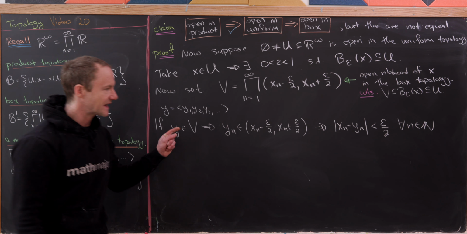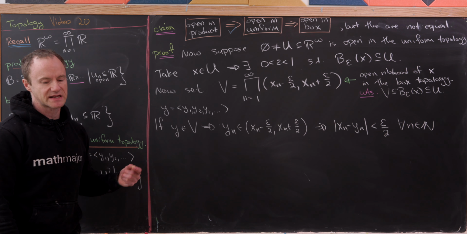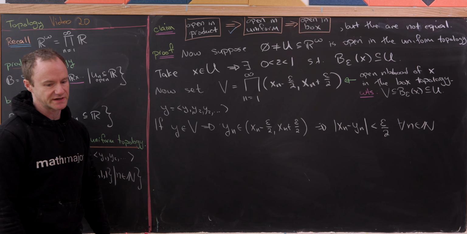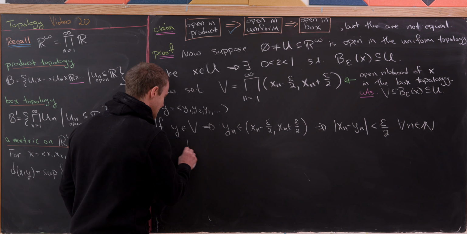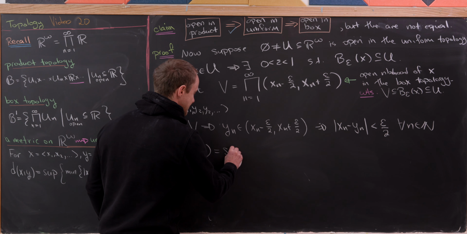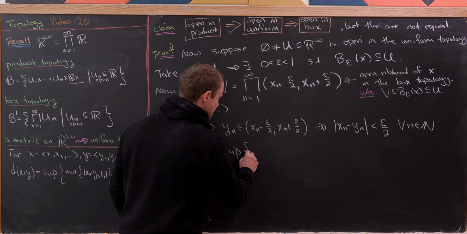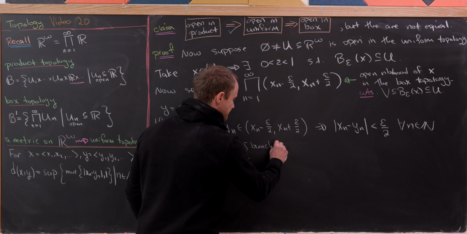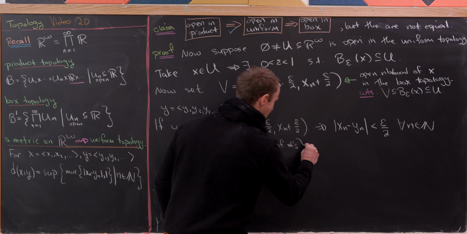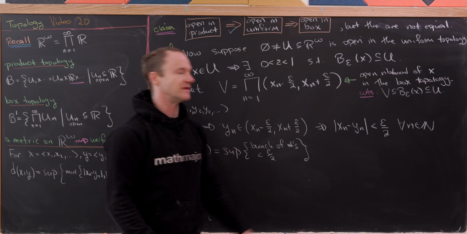Great. Another important thing here is that that is less than a half, but less than 1 more particularly. Okay, so now let's take the distance between x and y. That's going to be the supremum of a bunch of numbers that are all less than epsilon over 2.